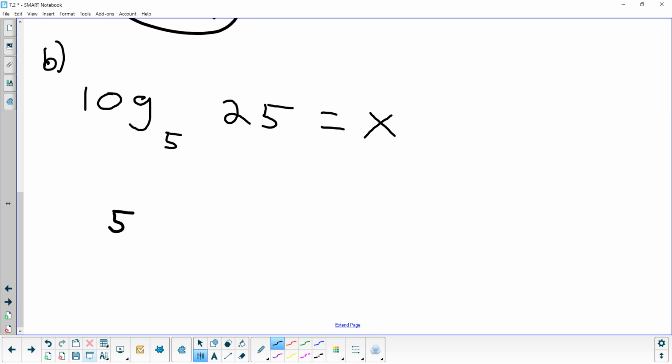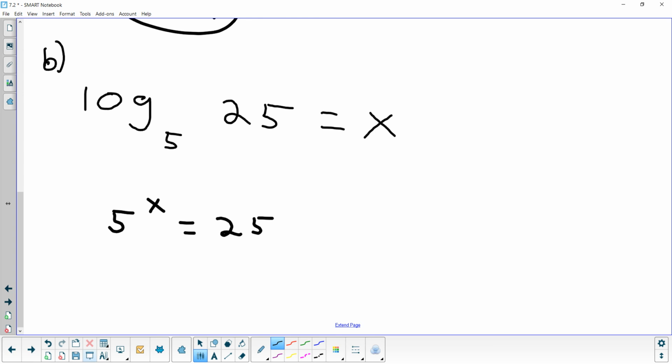In order for something to be a base, it needs to have a number on it that is an exponent. What's the exponent in this case, Ava? X. And Jaden, what's going to end up on the other side? The argument, which in this case is 25.